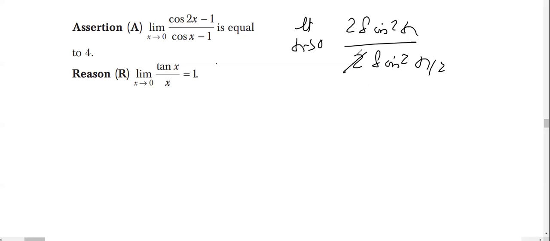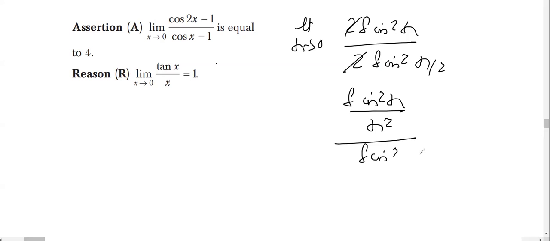So 2 gets cancelled. Then by dividing both by x square, I'll get sine square x over 2 divided by x square, to apply the sandwich formula.